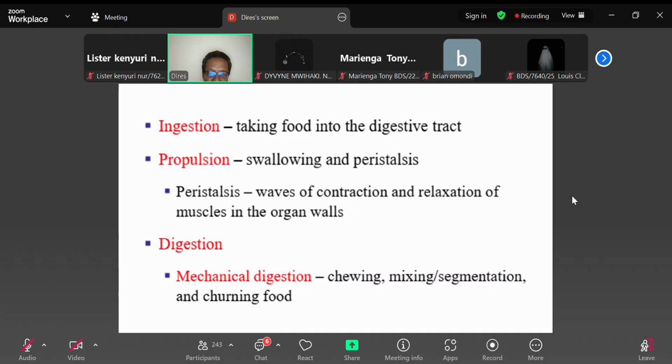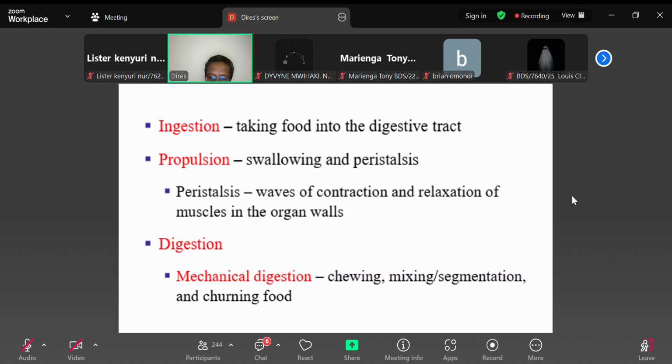That's why I say chemical digestion is not a must in the stomach. What is more important is the mechanical digestion. Now, we'll talk later about the stomach a little bit more on this.